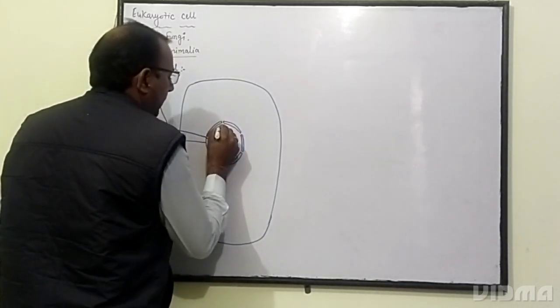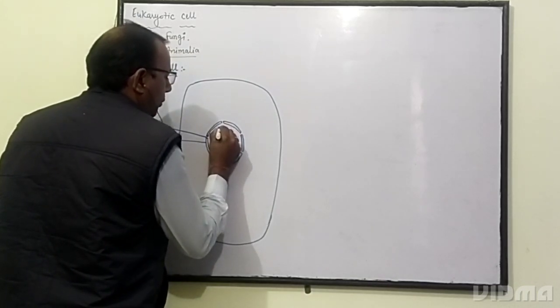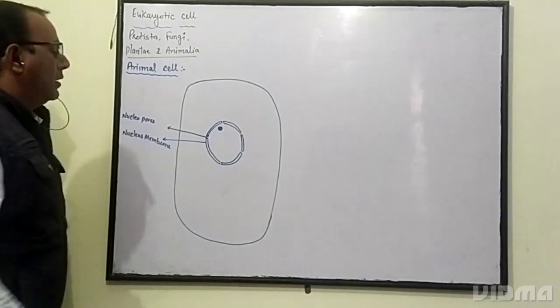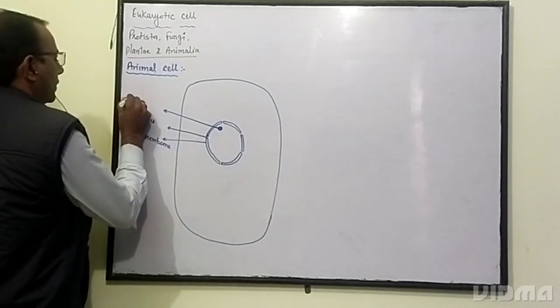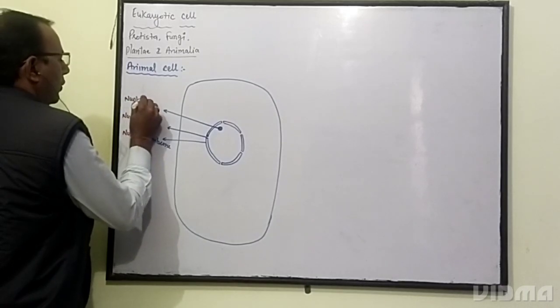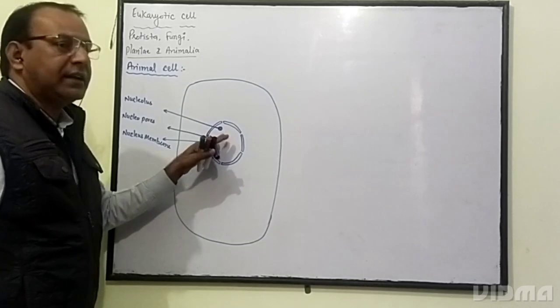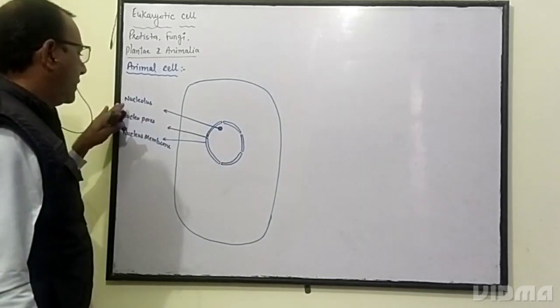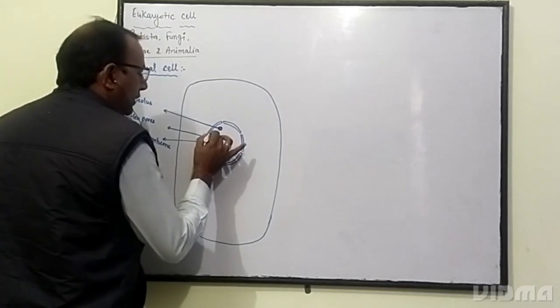In the center of the nucleus there is a dense, prominent structure which is called the nucleolus.